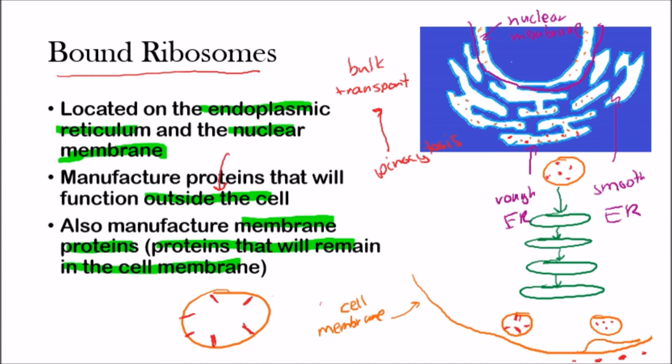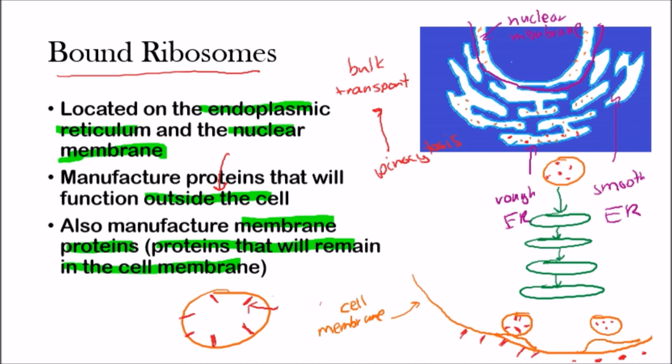Now, in this case, with this vesicle over here, this vesicle is going to fuse out again, just like the first vesicle. Except what will happen is, since these proteins here are actually physically bonded to the membrane of the vesicle, when the membrane of this vesicle fuses with the cell membrane, the proteins which are attached to this vesicle will fuse with the cell membrane and still be attached to the cell membrane.